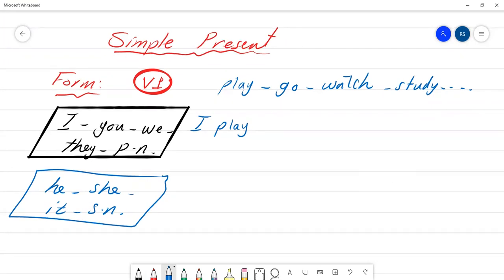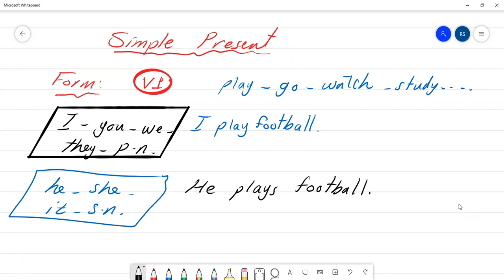For example, I play football. But here, if we say he, we have to say he plays football.